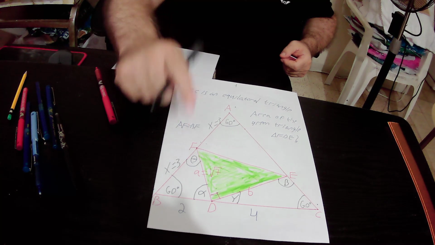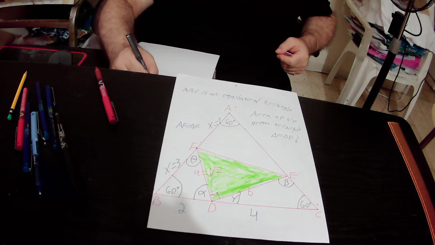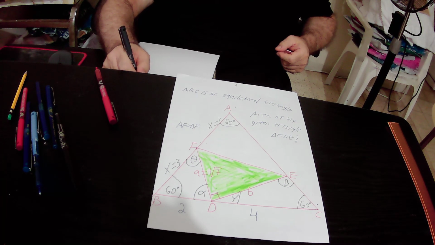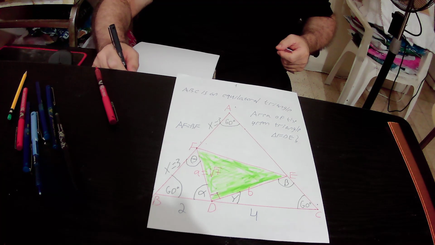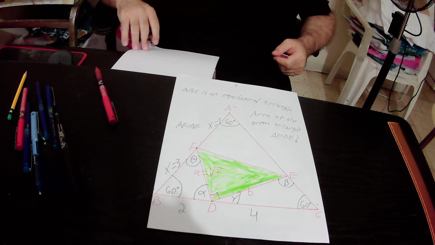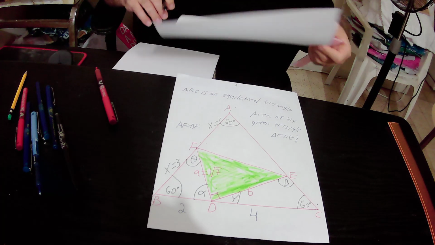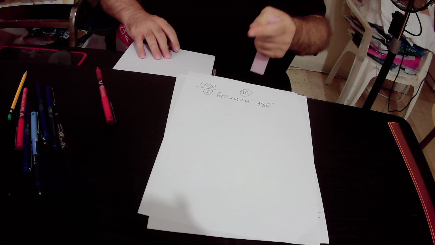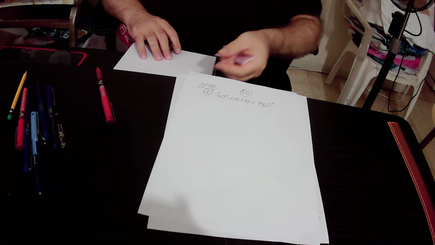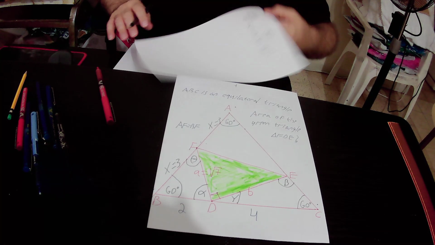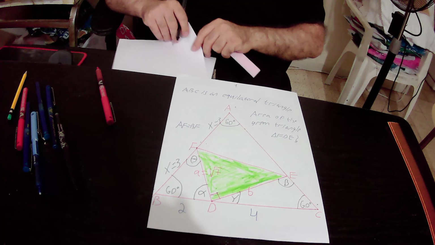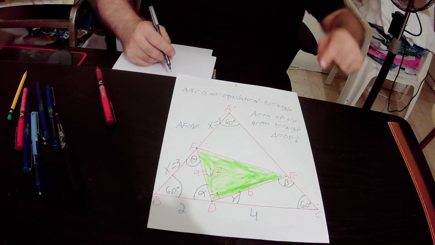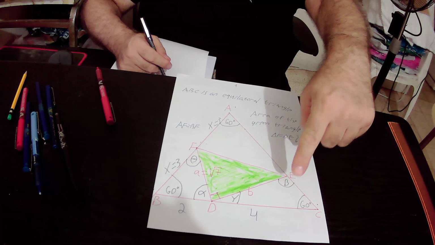They are 60 degrees plus alpha plus theta equals 180 degrees. Okay, so our first equation states that the sum of the angles in triangle FBD equals 180 degrees. Then we will create the second equation, and we will focus on triangle EDC.